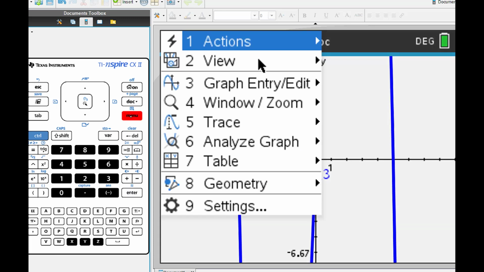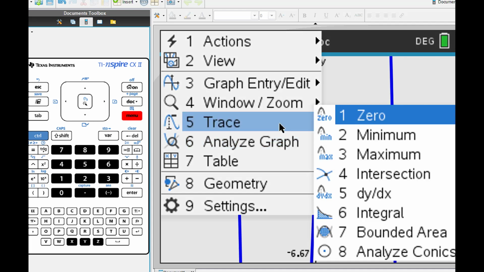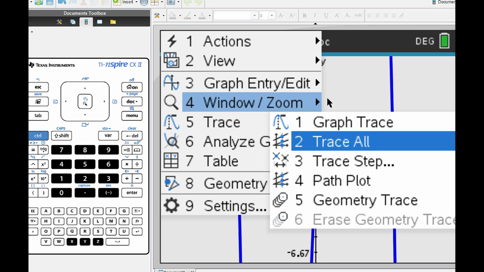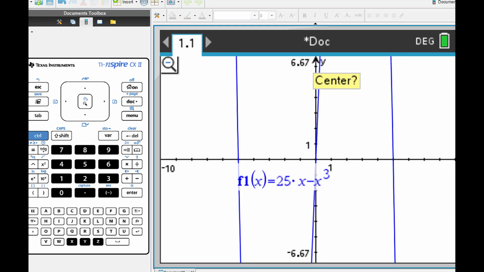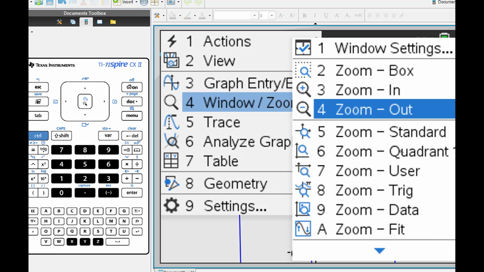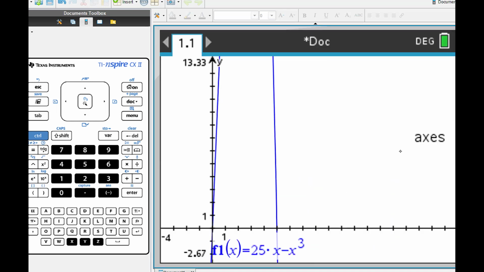It's irrelevant in this case. We're only looking at the positive x-axis. So let's zoom to the first quadrant, so you can see this graph.